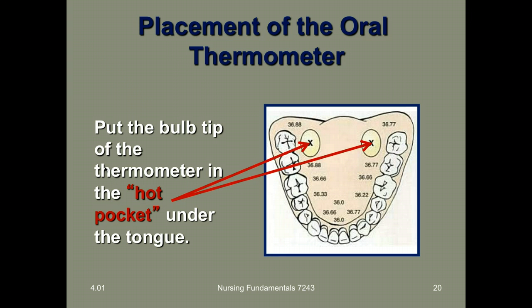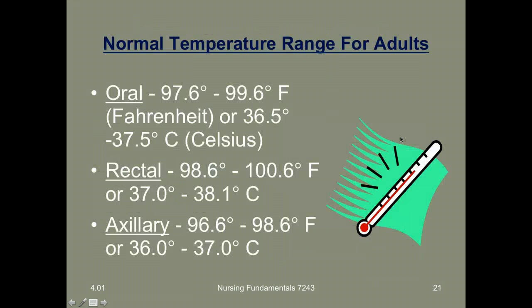When you place an oral thermometer, you need to make sure that you put the bulb tip in what we call the hot pocket under the tongue. Most of you know that you have a frenulum underneath your tongue, and a lot of times your parents will just stick it in your mouth. You need to make sure that you get all the way to the back down by the molars.